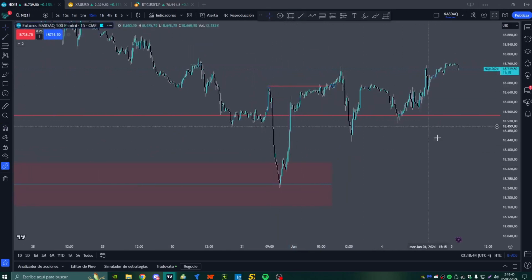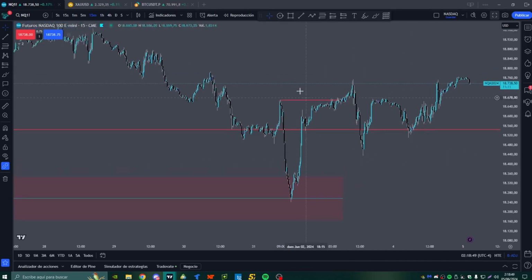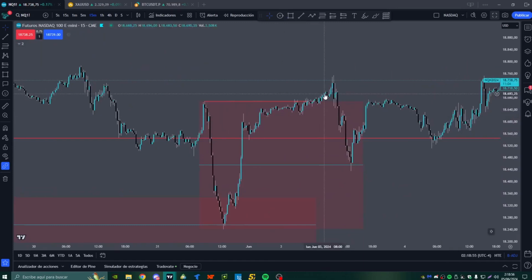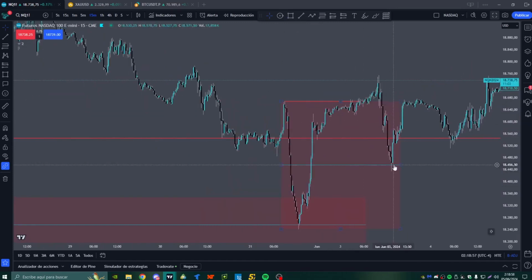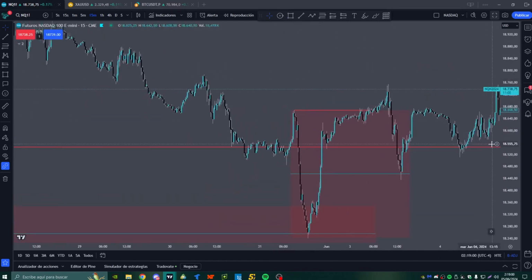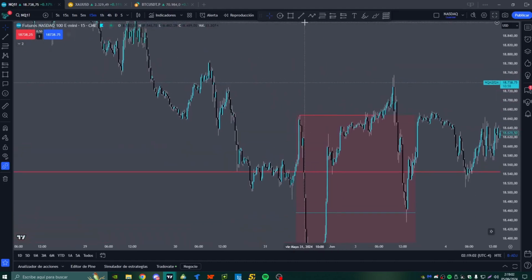Now we already obtained a structural change in the lower time frame. We had structural changes, and this area had a pullback to its 50% from this origin of structure that's around here.